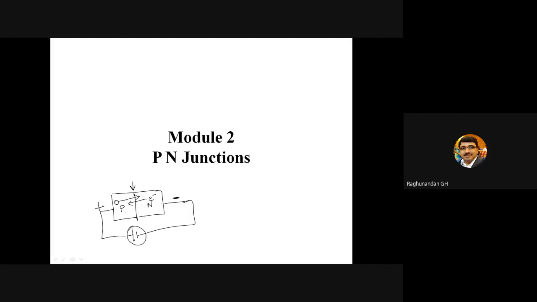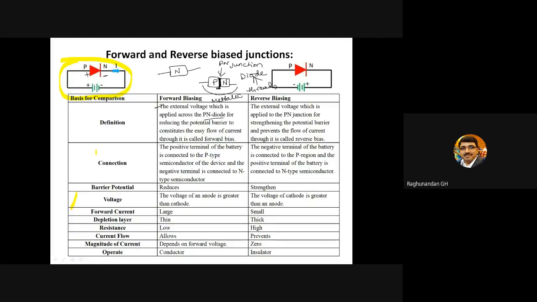Okay, I'll talk more about this in the next topic, but as of now, forward bias means external voltage which is applied across the PN diode for reducing the potential barrier. The voltage across the junction is being reduced when you apply the battery voltage. Because of this, what happens? There will be easy flow of current through it. Okay, that is forward bias. And the other one is the reverse one.